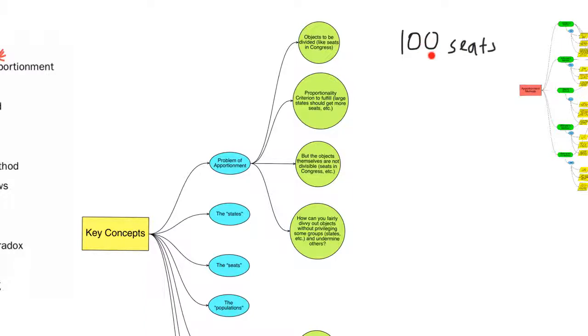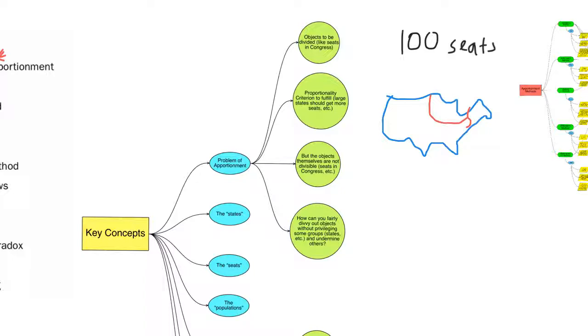So the seats themselves can't be divided, but the proportionality criterion is to be fulfilled. So for example, larger states, let's say we have a country like America, and we'll just take into account the mainland. It kind of looks like that. And imagine that America really only had 5 states.